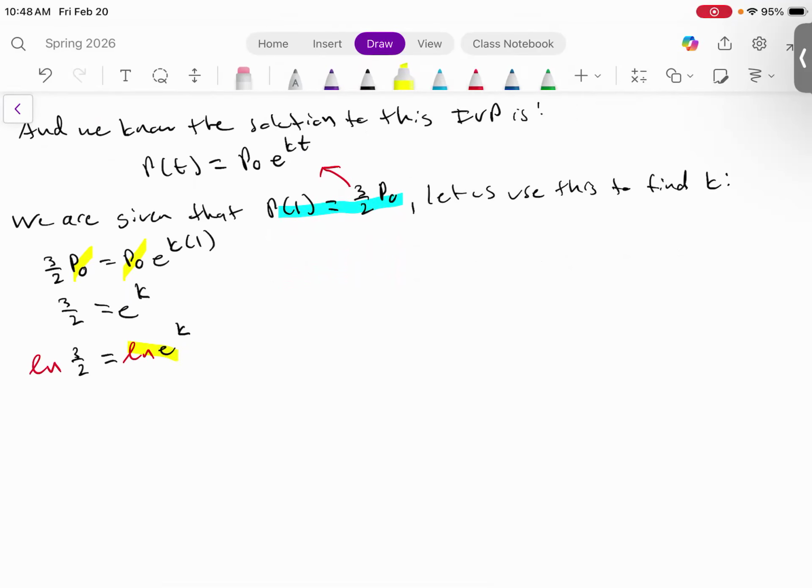So natural log of e cancels out, and I'm left with natural log of 3 halves equals k. If I calculate natural log of 3 halves, go ahead and put it in your calculator, what we get is 0.4055, etc., but we'll cut it off at 4 decimals. So we have found what k is.